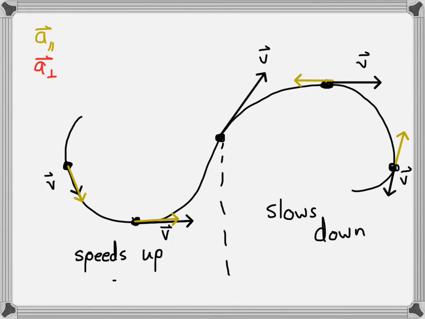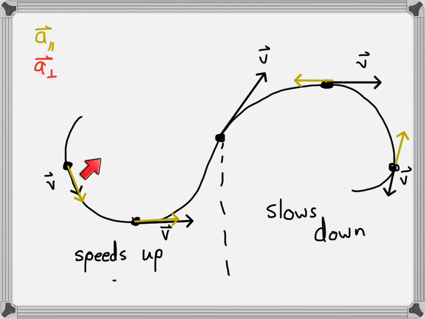Okay, so as I was saying, when slowing down, the parallel component is anti-parallel with the velocity, unlike when I'm speeding up, where the parallel component of acceleration is in the same direction as velocity. Now let's draw the perpendicular component. Remember, the perpendicular component changes direction, and it's always causing the velocity vector to curve in. So I want the perpendicular component of acceleration to point in towards where I'm curving.